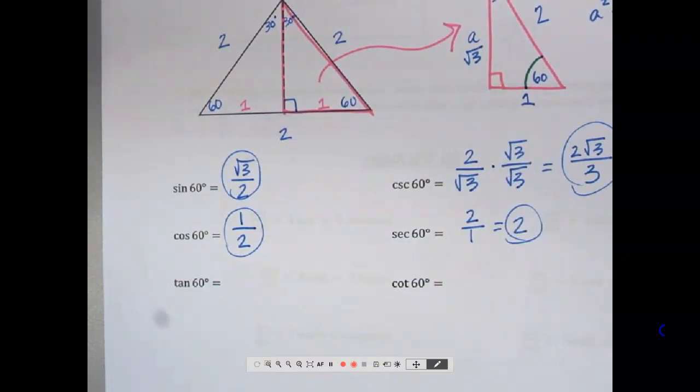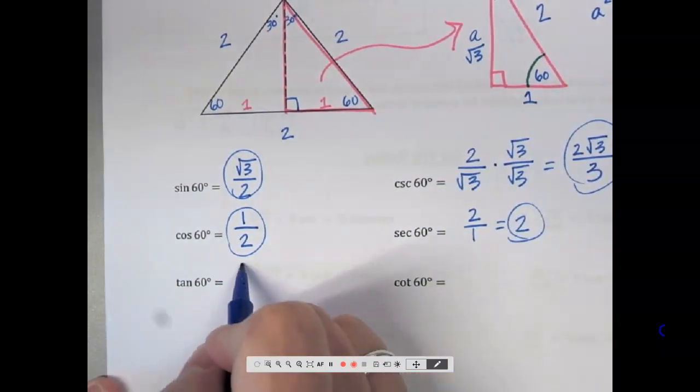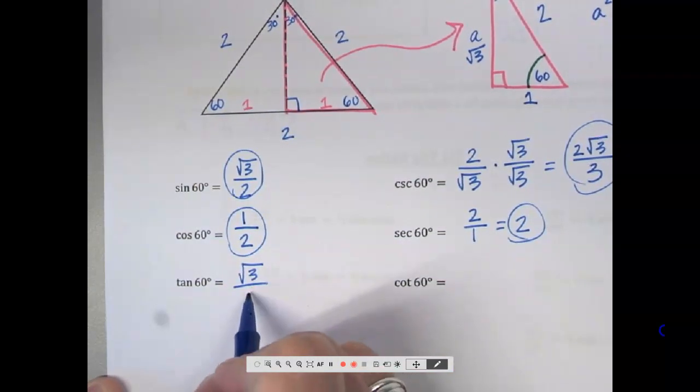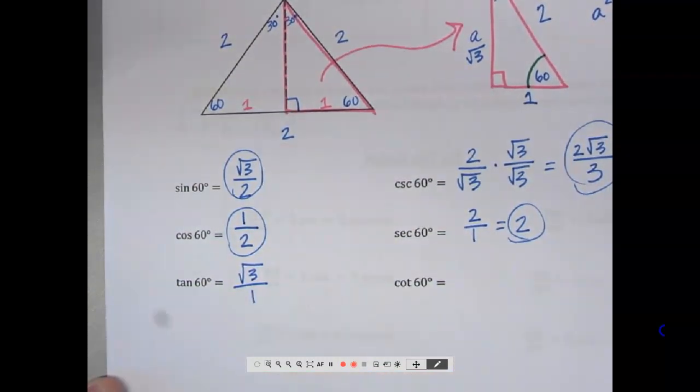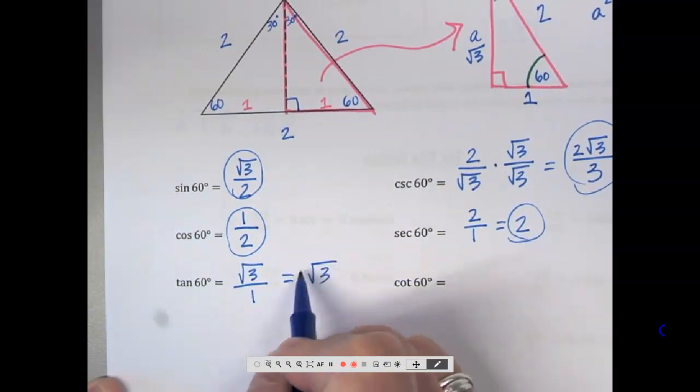Stop me if you have a question. Okay, tangent is what over what? Opposite over adjacent. So looking at the 60-degree angle, opposite is square root of 3, adjacent is 1. Well, square root of 3 over 1 is just square root of 3.